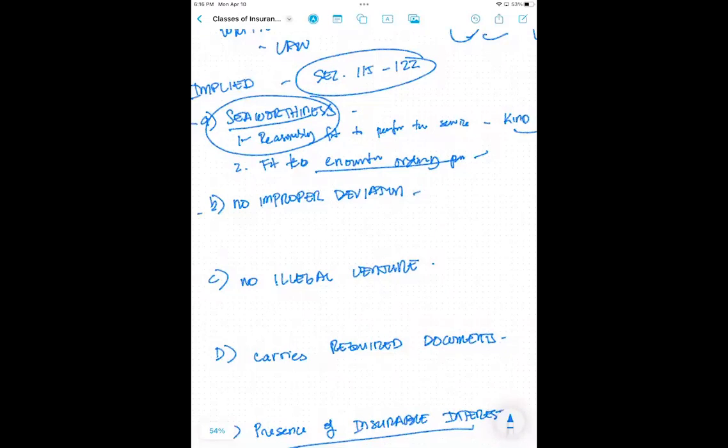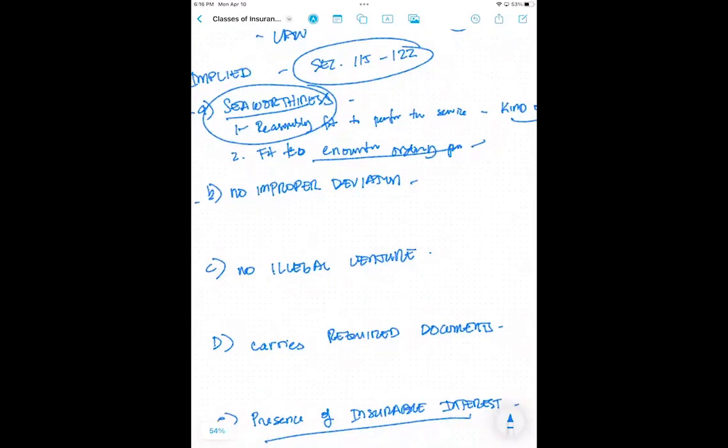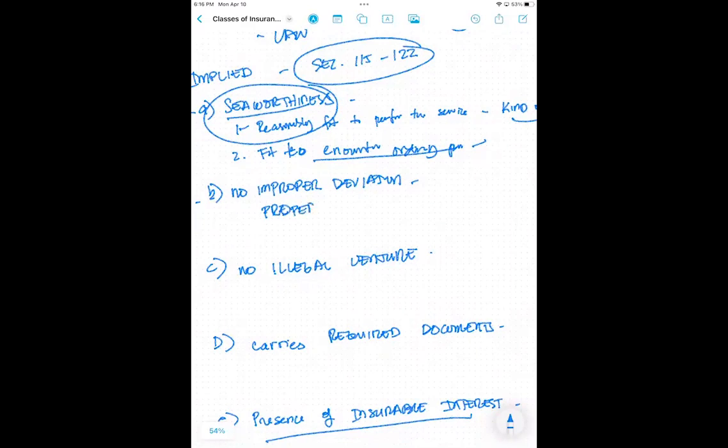Now, because the warranty says no improper deviation, therefore we can deduce that there is such a thing as a proper deviation.